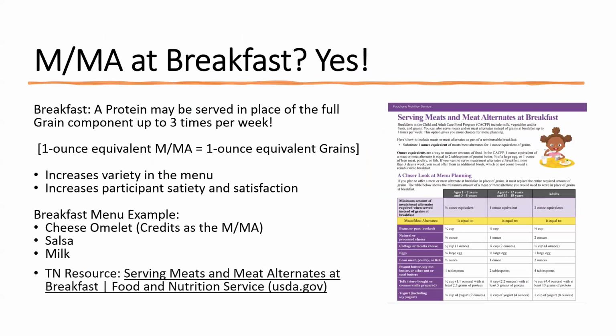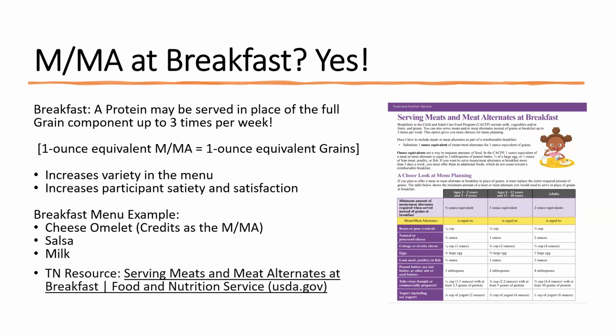So previously, serving meats and meat alternates at breakfast was optional and they did not credit as a part of a reimbursable meal. However, we have gotten feedback for a greater variety and flexibility when planning the breakfast menu. These updates now allow a meat or meat alternate to be served in place of grains at breakfast up to 3 times per week.